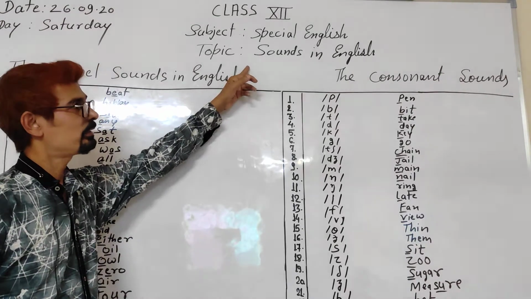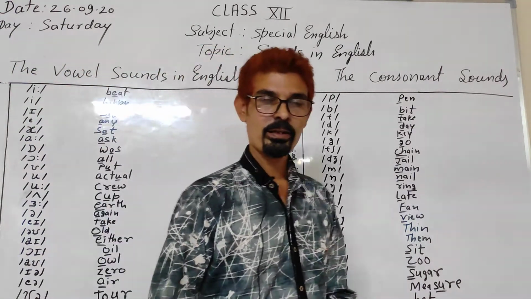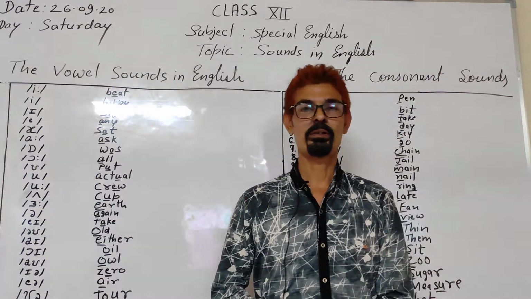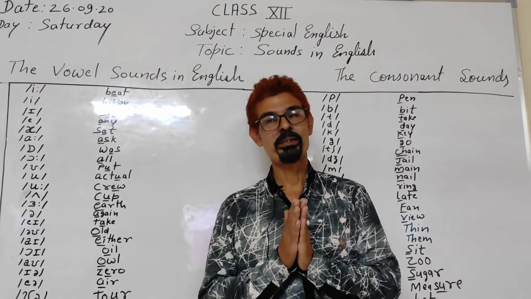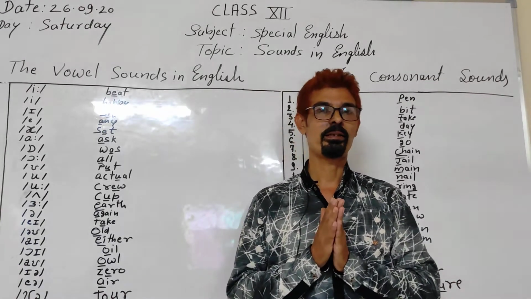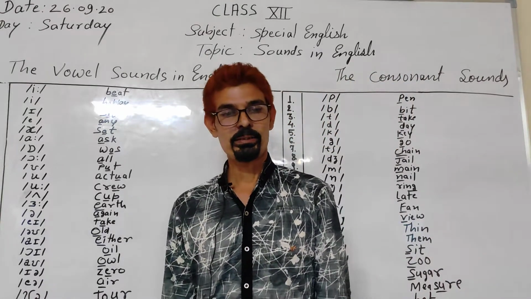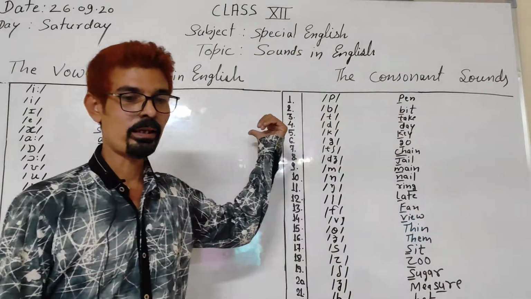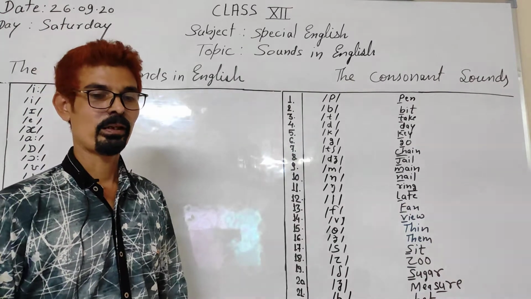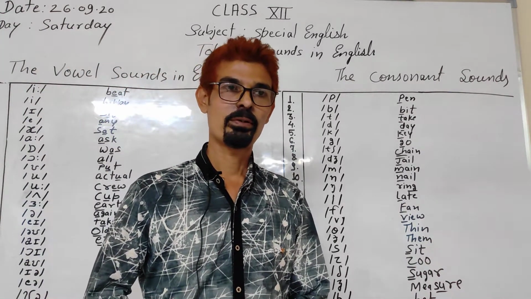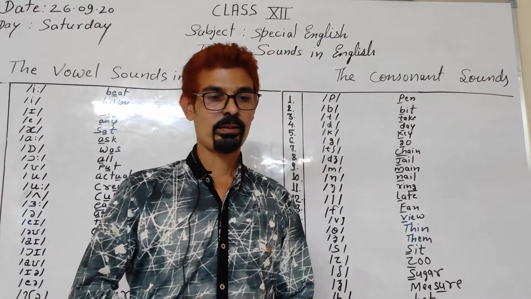Our today's topic is sounds in English. We will study all the symbols to pronounce each and any word in English. As this topic comes in phonetics, first of all I would like to explain what phonetics is.